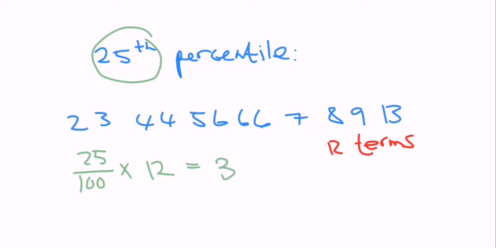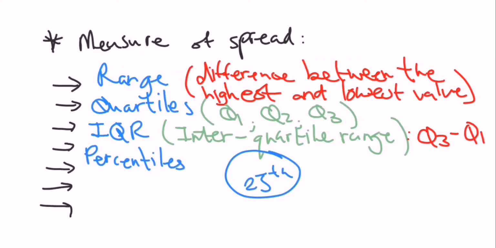Okay, 25% of 12 is 3. So therefore, your 25th percentile will be the third term. And if you count, the third term is this one over here. I'll just label it as term number 3. Okay, and there you go. That's basically a simple example of using the percentiles.